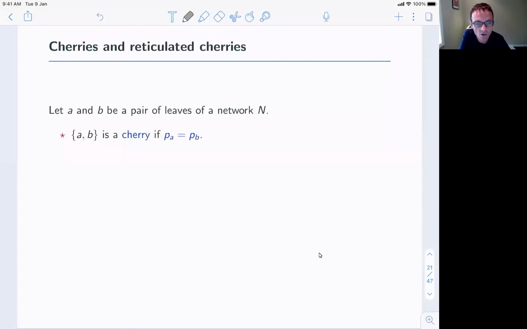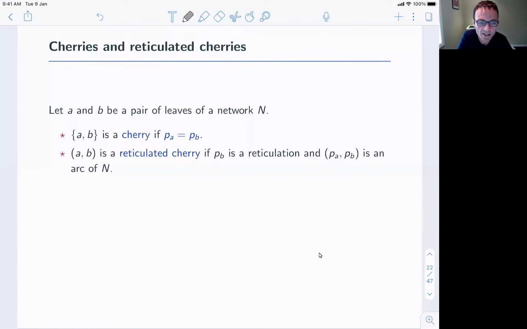They always have a cherry or a reticulated cherry. Cherry we've seen before, and I'm using P(A) and P(B) to denote the parent of A and the parent of B. So a cherry in a phylogenetic network is simply a pair of leaves with the same parent. That's the cherry.